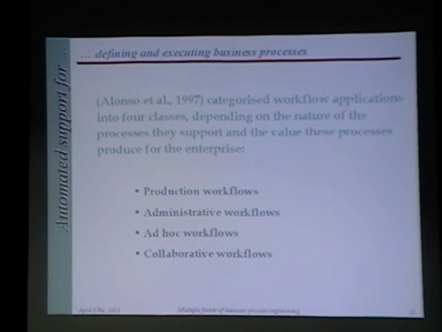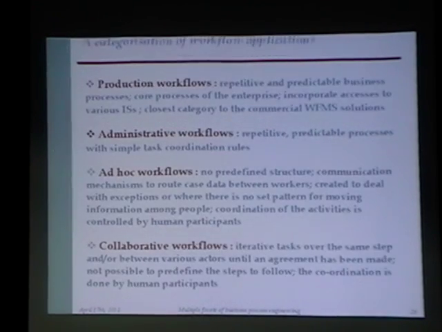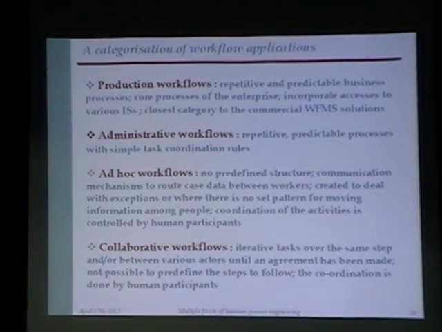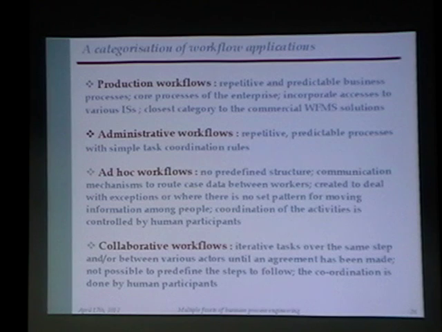In the middle of the 90s, Alonso and Dallier categorized the workflow applications into 4 classes, depending on the nature of the processes this application can support, and the value these business processes produce for the enterprise. So the first one is production workflows, which are repetitive and predictable business processes.